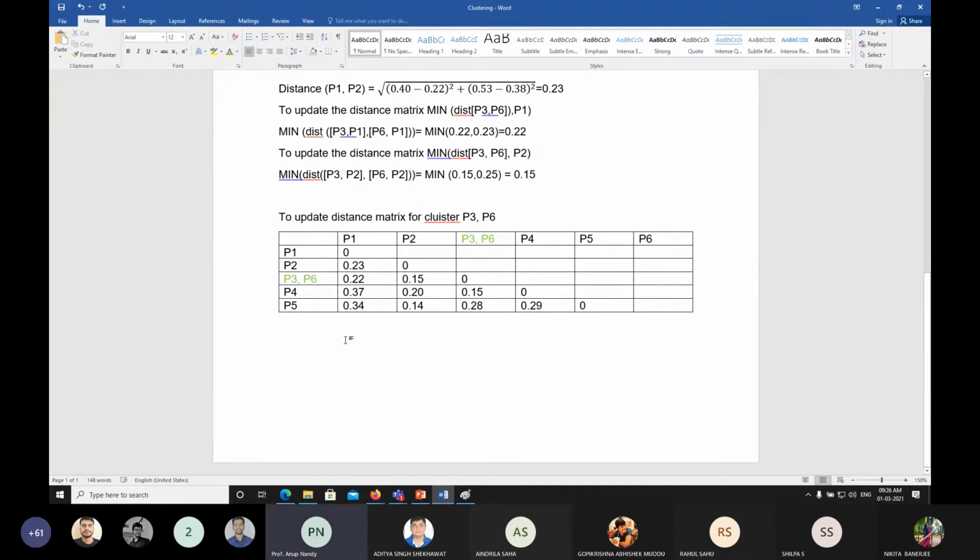Okay, are you understanding me? So now, whatever there is a similarity, then you just merge them up. Then P3 or P6 that has been merged up. So now, can you just fill it? What changes I need to do here?